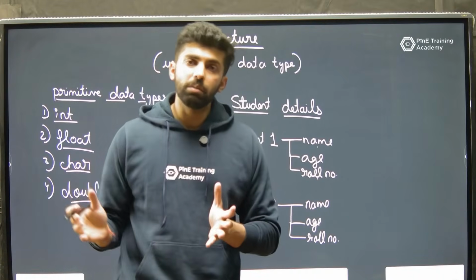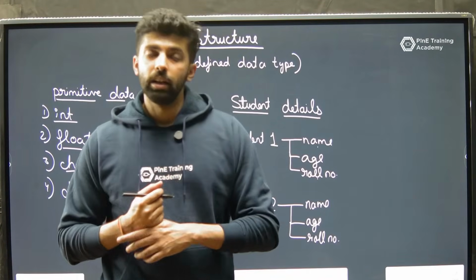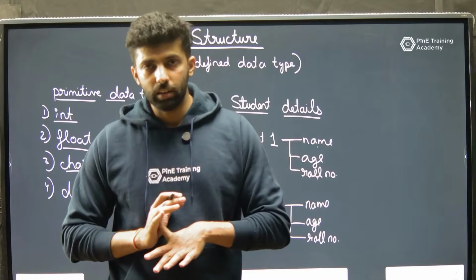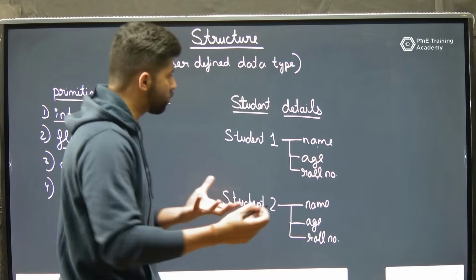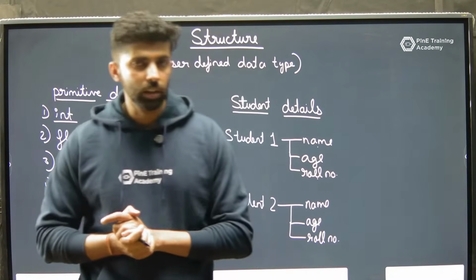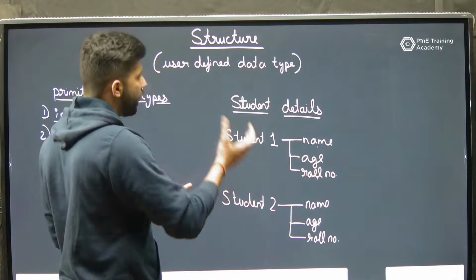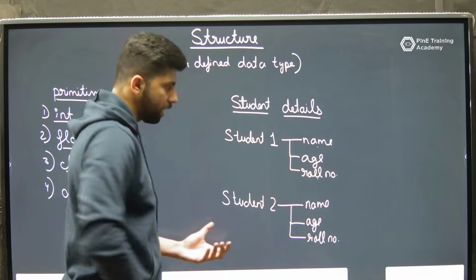And if you have 1,000 number of students, their number of variables will be 3,000, and that will be very inefficient. And we don't have any single data type which can store all three information at once. We don't have any such data types. For that, we create structure, right? So multiple students can have three values.